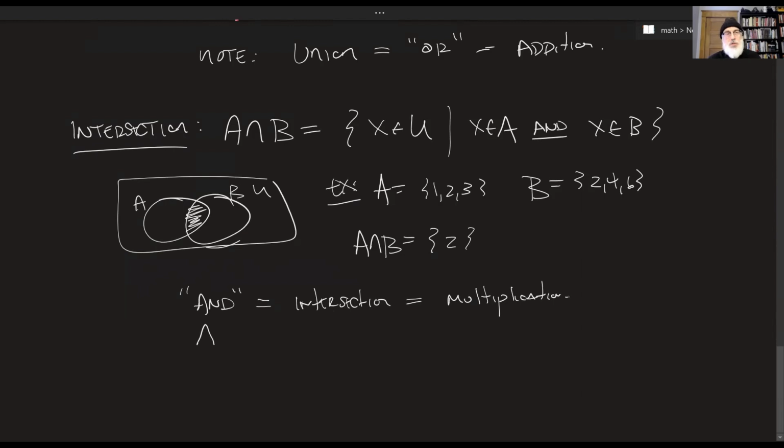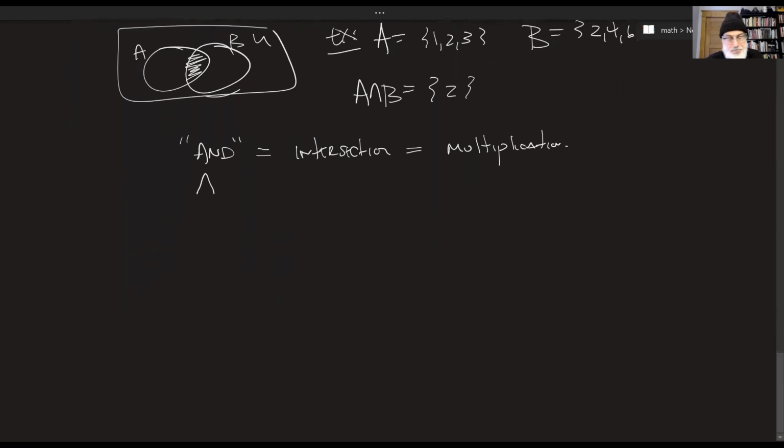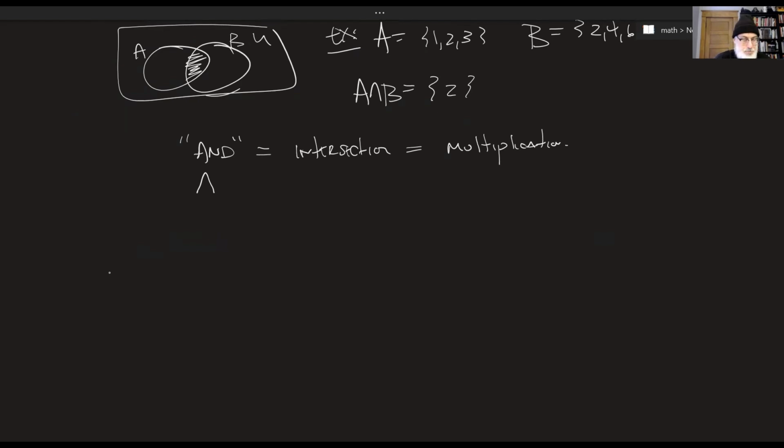We're not going to talk about multiplication in symbolic logic here, but just as a handy little reminder that that is true. So that's the first two operations, union and intersection, which again is parallel to addition and multiplication.